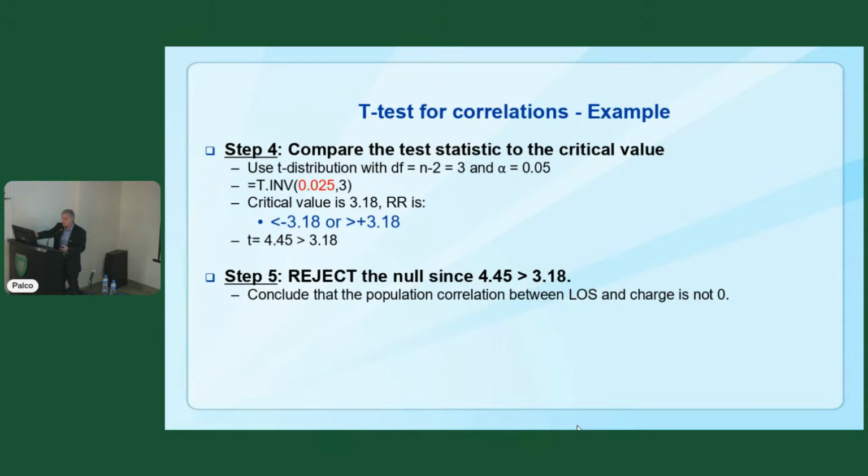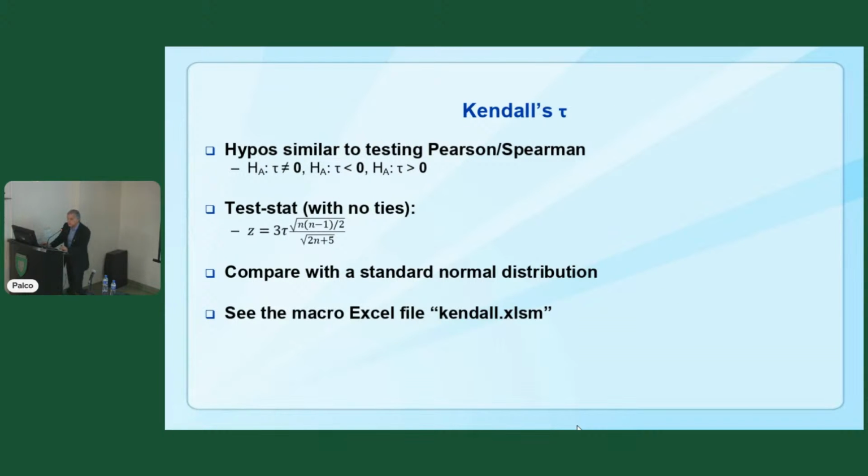After you do the comparison, the t statistic is greater than 3.18, so I conclude the null hypothesis, there's no association between length of stay and charges, the cost of the medical care, is wrong. I cannot accept that. So I conclude the alternative is true. There is a relationship. Again, Kendall, you can do that.